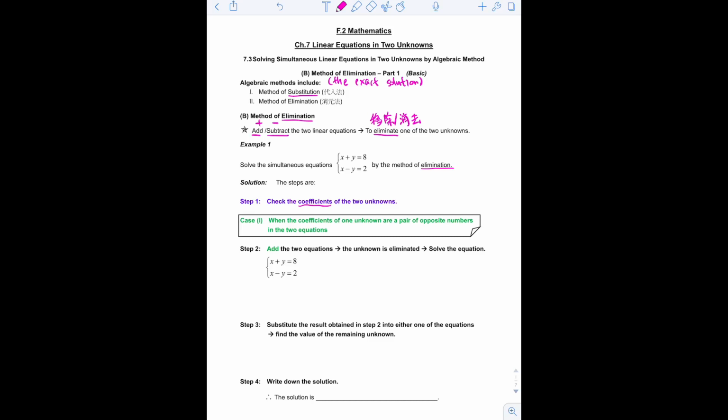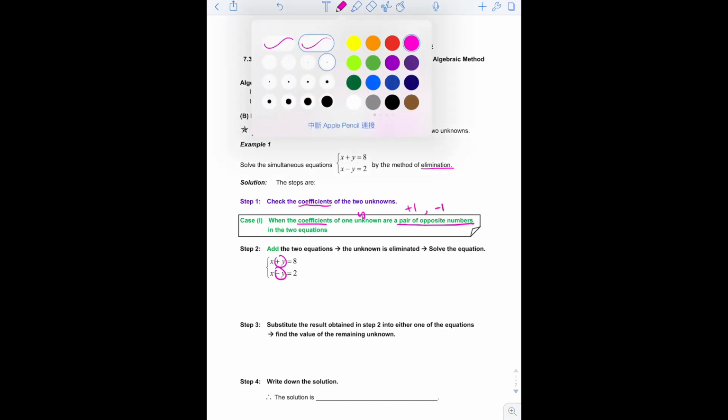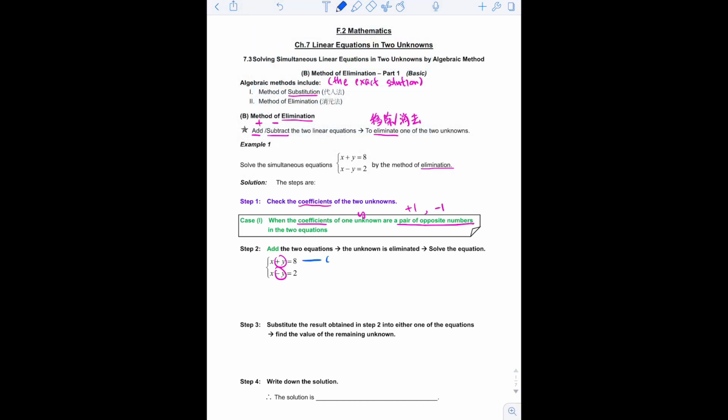Here, you will find that for the unknown y, the coefficients of y are a pair of opposite numbers. For this case, the coefficients are positive 1 and negative 1 for equation 1 and equation 2 respectively. So we have to add the two equations.